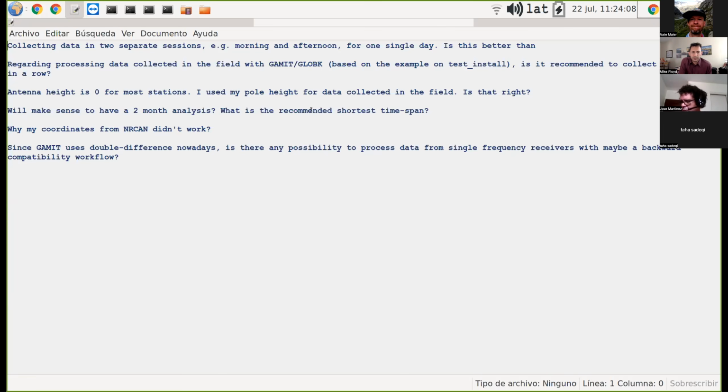Yeah, it depends what you're trying to do. The idea of doing multiple measurements at the same site over 2 or 3 days is mostly based on the idea that you will not come back to that site for a year or two, or maybe more. So you want as much data as possible in a short time, and you can combine those 2 or 3 days of data to get a much more precise estimate of the position, because you have 48 or 72 hours instead of 24 hours.